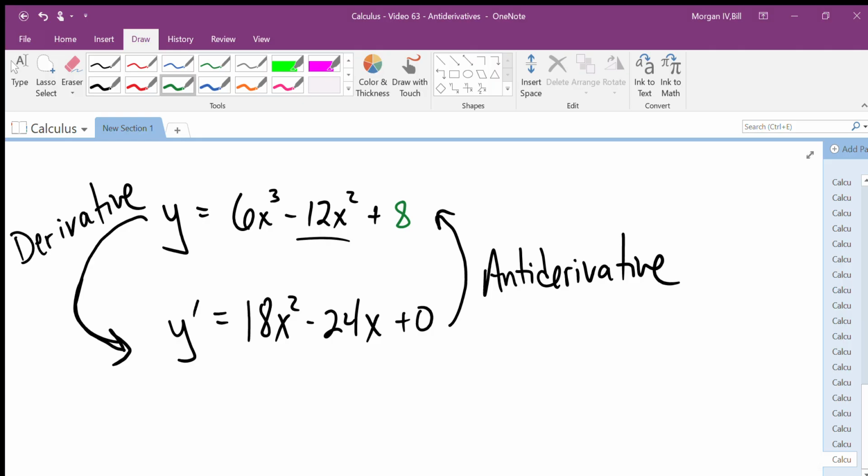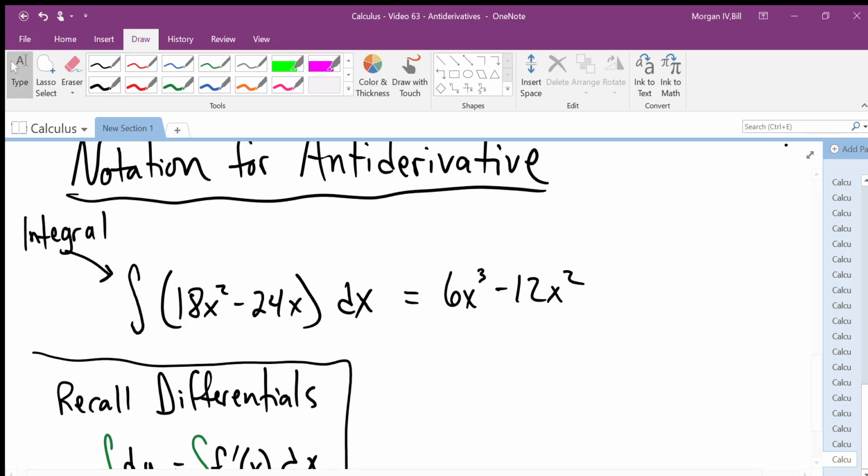Was it a 10? Was it an 8? Was it a 42? Was it pi? We really don't know. All we know is that there was some constant, and the derivative of that constant became 0. Therefore, I can't say that it's definitely plus 10. I don't know what constant it was. All I know is that it is plus some constant, c.